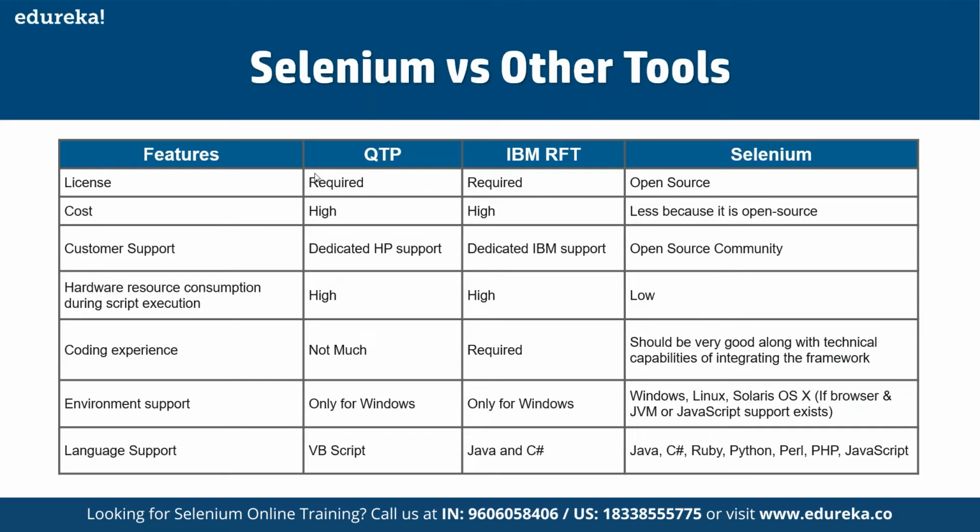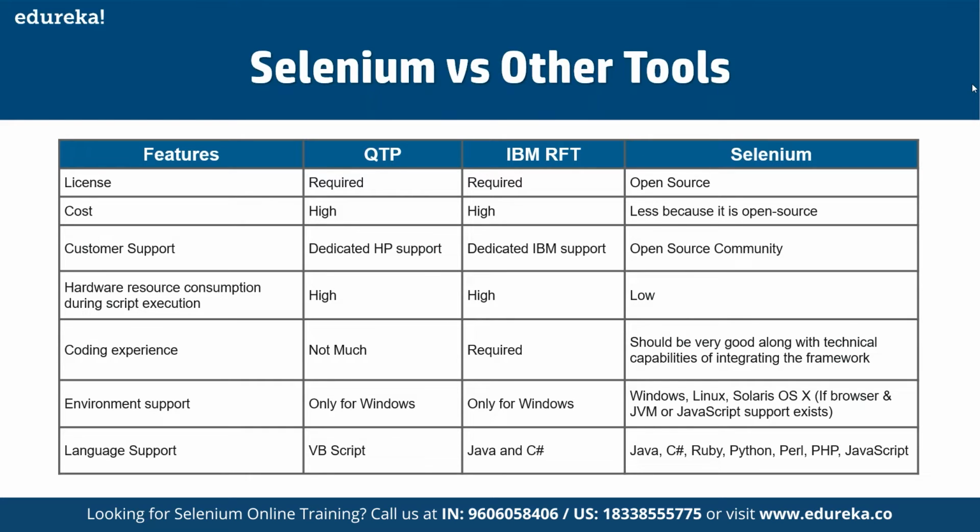And in terms of language support, QTP supports VB, as in Visual Basic Script. IBM supports Java and C, whereas Selenium supports multiple programming languages, including C, Ruby, Python, Perl, PHP, JavaScript. Multiple languages are being supported here.